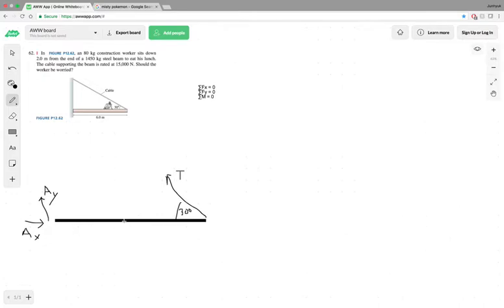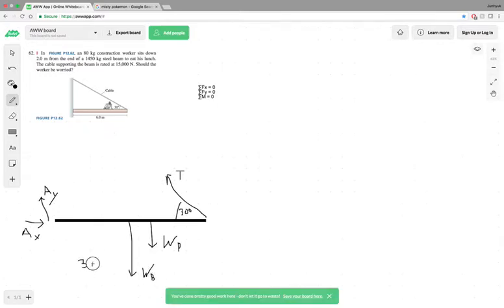And now the two other forces: we have the weight of the person, of course. Let's redraw that one. We have the weight of the person, let's call this weight W sub P. And we have, of course, the weight of the beam, which acts at 3 meters.